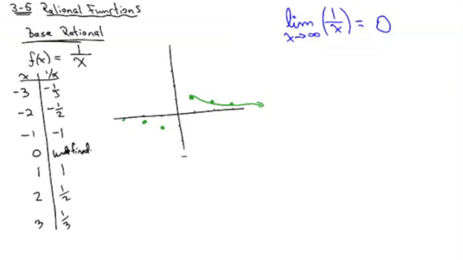The interpretation is this. It means that the x-axis is a horizontal asymptote. I bet there's not 2 R's in horizontal. I love my double letters. Horizontal.